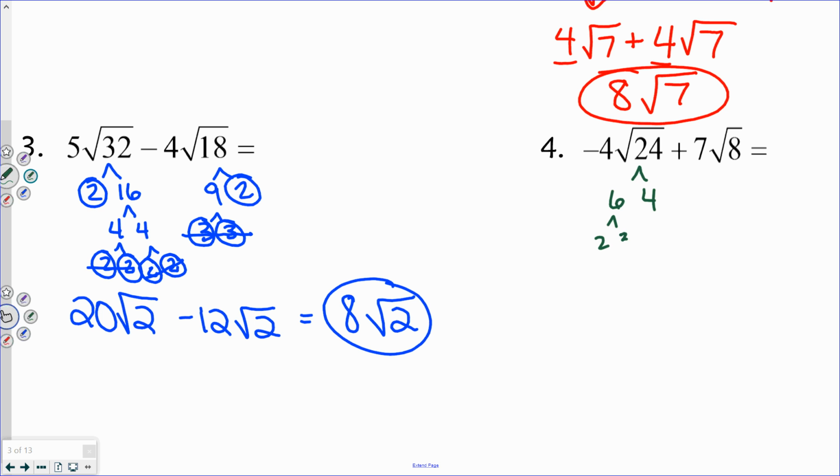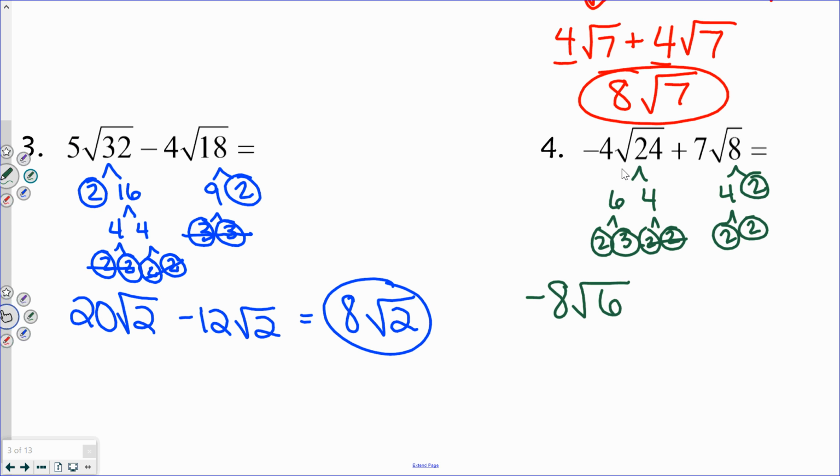On the first one, I do have a pair of 2's times the -4 out in front, so -8, and then 2 and 3 would give me the 6. On this one, we'll do our factor tree of 4 and 2. So we get a pair of 2's times the 7 out in front, and then I have radical 2.